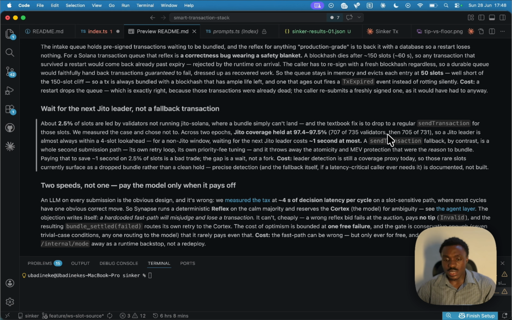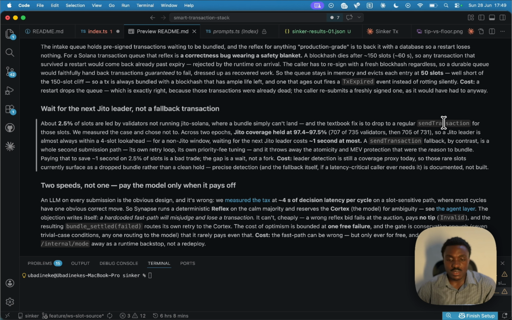We checked at one epoch and discovered that 97% of validators are G2 validators. So we're most likely about 4 slots away from a G2 validator. We didn't bother dropping into a regular send transaction, because before you would run all that, there's a G2 validator up again. It's very rare to not see a G2 validator, as it occupies about 97% of the leader schedule. In less than 4 slots, you have another G2 leader validator, and you're up and running.